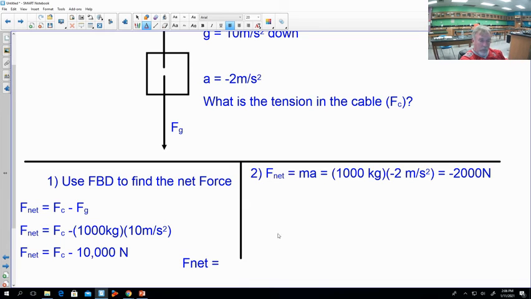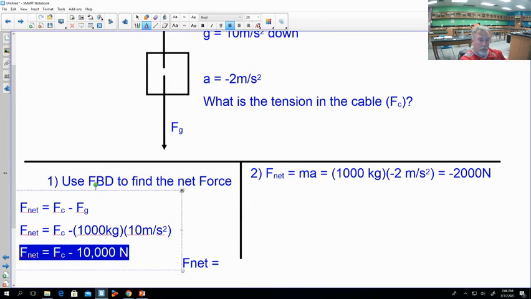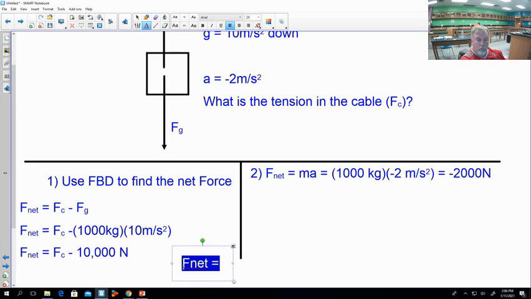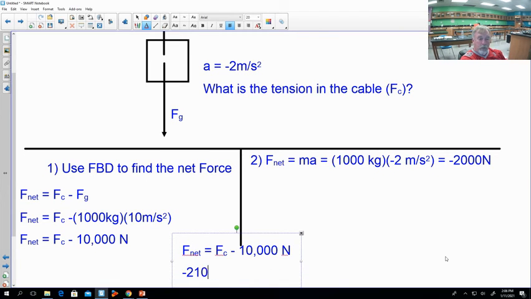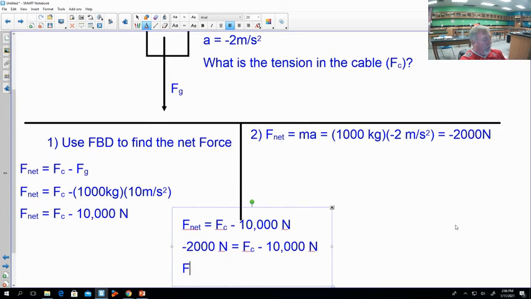We just figured out that our F net was equal to -2,000, so I'm going to write -2,000 newtons is equal to FC minus 10,000 newtons. So what is our FC equal to? That's pretty easy to see. FC equals 8,000 newtons.